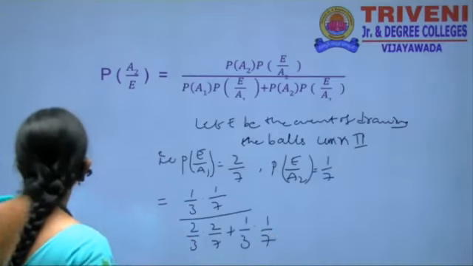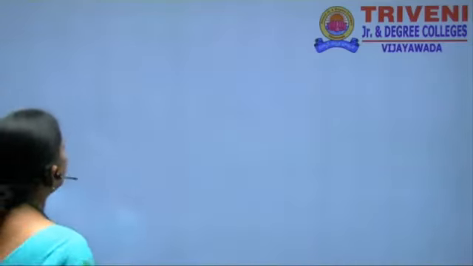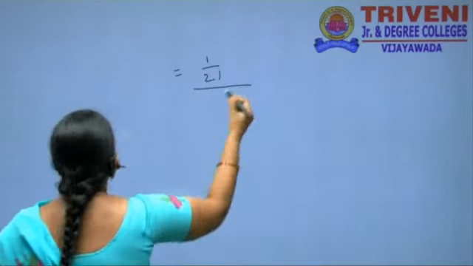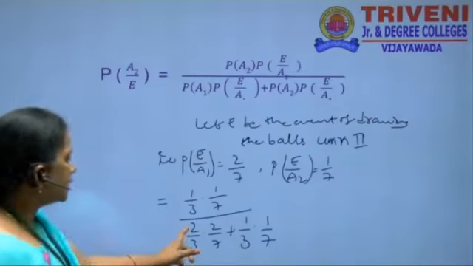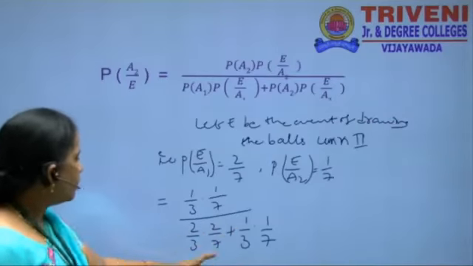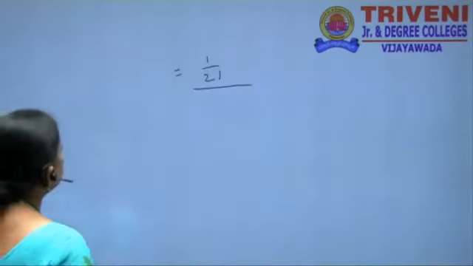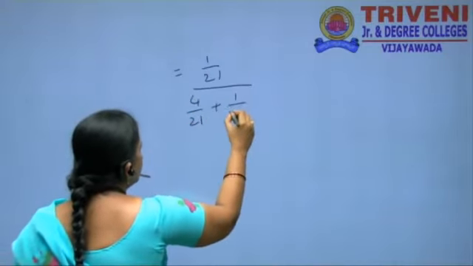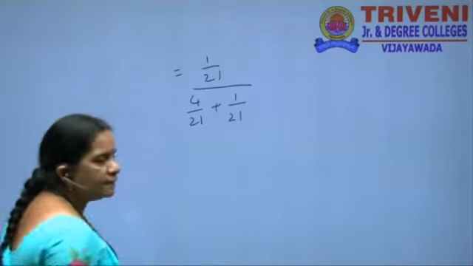Then simplify here. 1 by 3 into 1 by 7 is 1 by 21. In the denominator part, 2 into 2, 4, so 4 by 21, plus 1 into 1, 1, and 3 into 7 is 21.